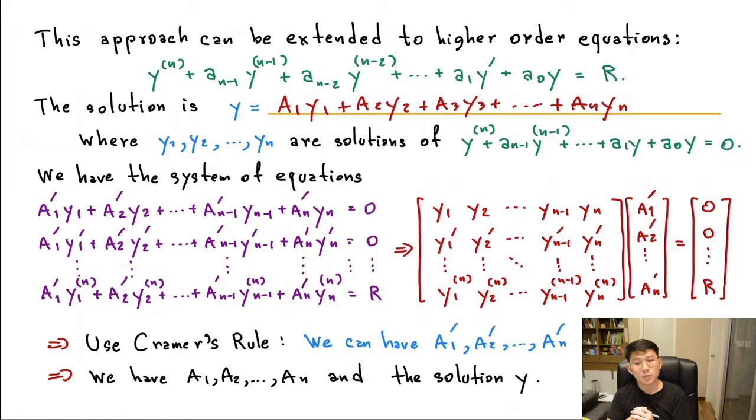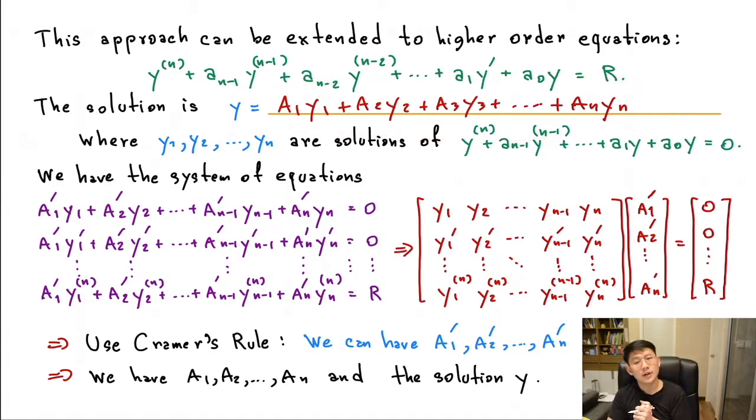In that case, we can use Cramer's rule again to find each a prime, and once we have each a prime, we can find each a by integrating each a prime. After that, we get the solution, because the solution is in terms of a.